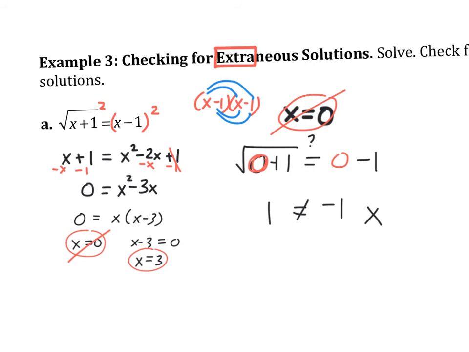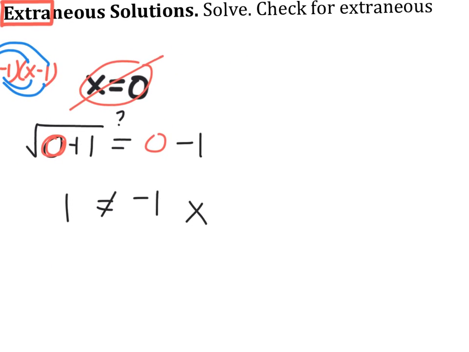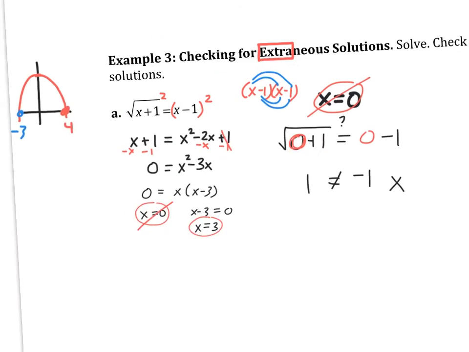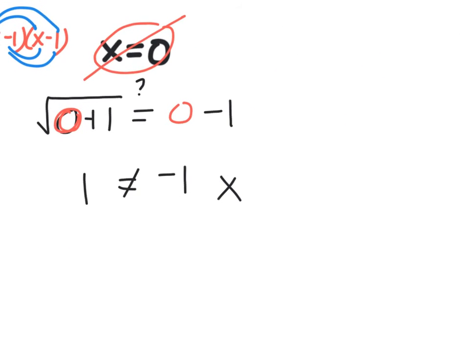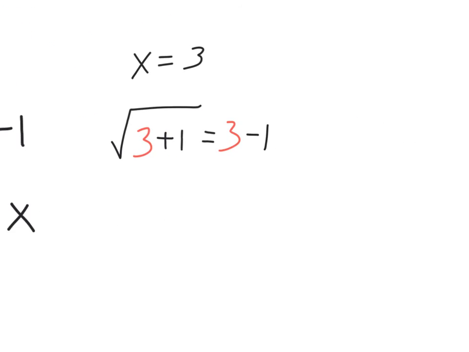I'm going to test the other one to make sure it works. So let's see. We're claiming that x is actually 3. So try that in. X equals 3. 3 plus 1 equals 3 minus 1. And finish this up.